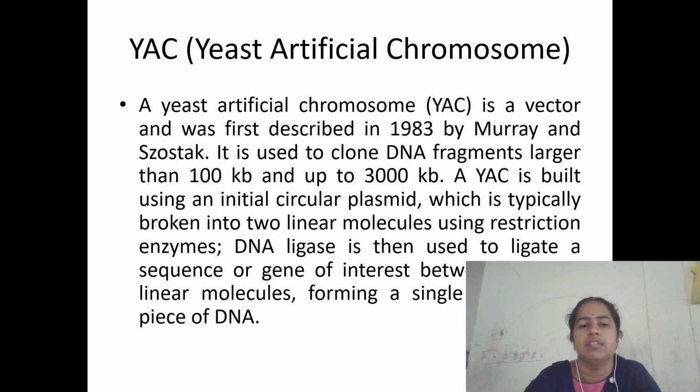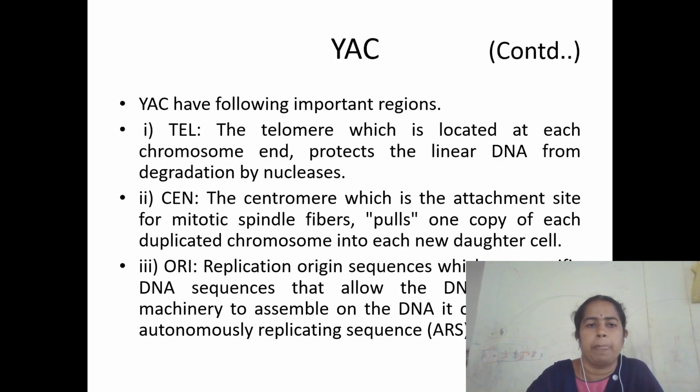It has an initial circular plasmid which is typically broken into two linear molecules using restriction enzymes. A DNA ligase is used to add the gene of interest between these two linear molecules, and again it will form a single large linear piece of DNA.